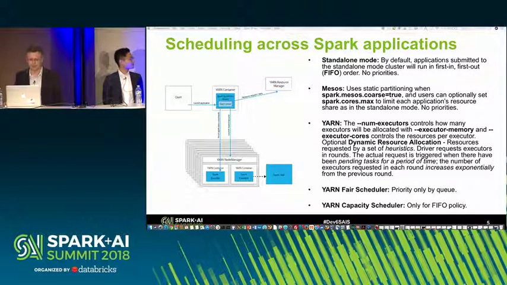It's configurable, but note for the future discussion that it's not deterministic, it's heuristic-based and time-based. And then Yarn has two schedulers, fair share and capacity. The first one has priority based on the queue, so it depends on which queue you're submitting to, it's assigned the priority, and you cannot change the queues. The capacity scheduler supports priority but only for the FIFO policy.